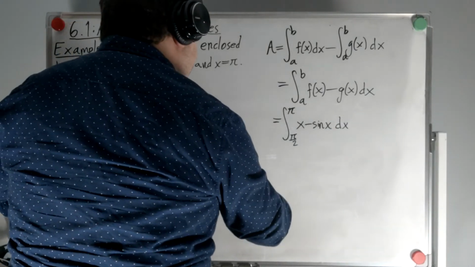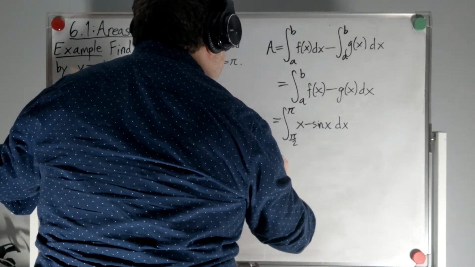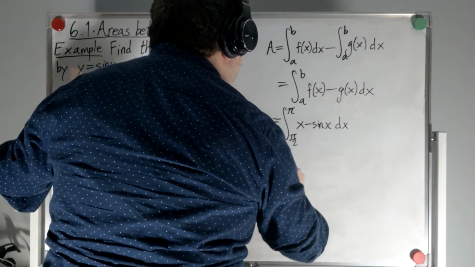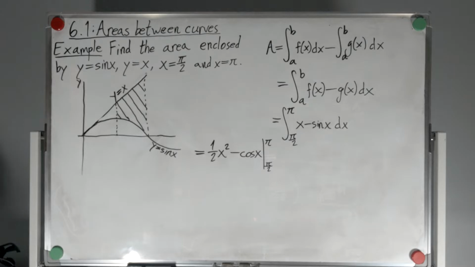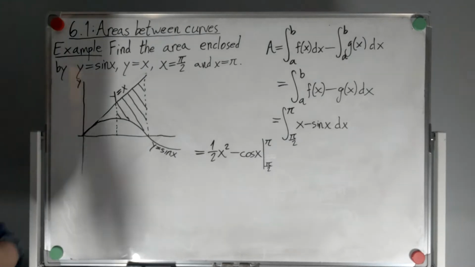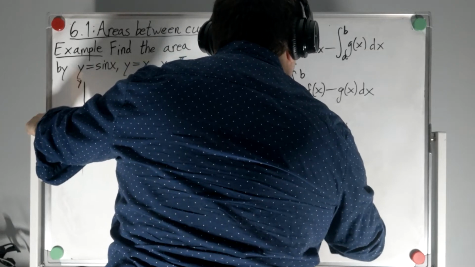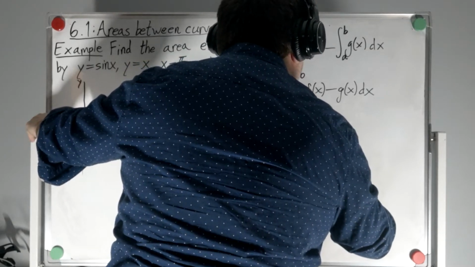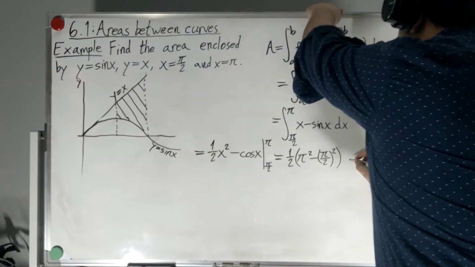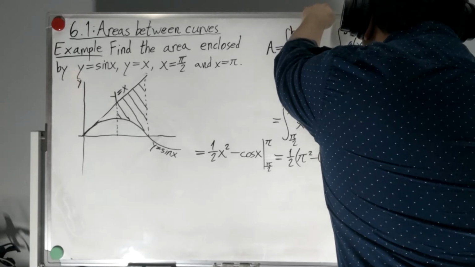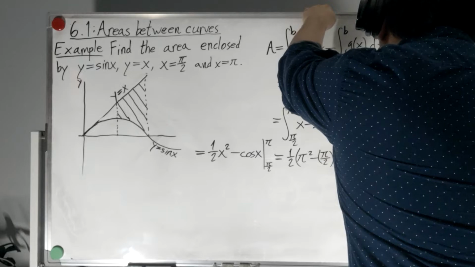This just comes out to be 1/2 x squared minus the cosine of x, evaluated from pi over 2 up to pi. Sorry. So, this becomes 1/2 pi squared minus pi over 2 squared, minus cosine of pi minus cosine of pi over 2.